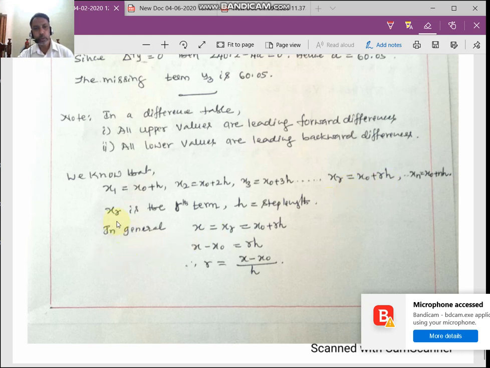Here xr is the rth term, h is the step length. Therefore, in general, x can be written as x equals xr equals x0 plus rh. That is, r can be obtained. The rth term or rth position can be obtained by r is equal to x minus x0 by h, where h is the step length between the points of x values.